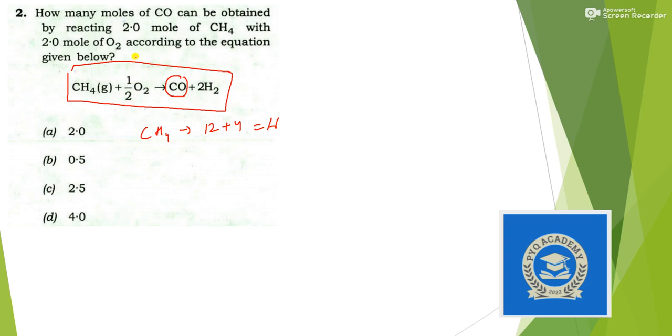So by reacting 2 moles of CH4, let's not do this. Let's start by balancing this. 2 moles means 2 CH4. Then 2 moles of O2, so 2 into half O2, then CO plus 2H2.